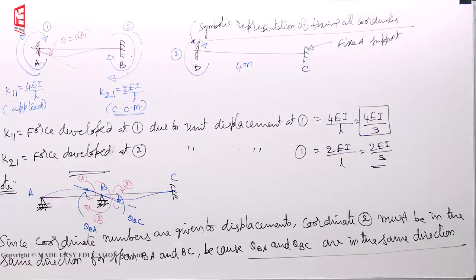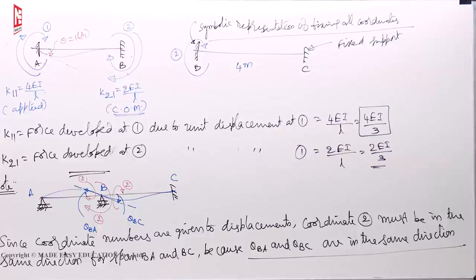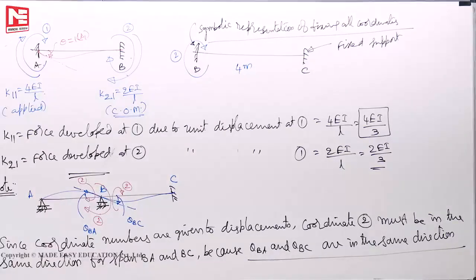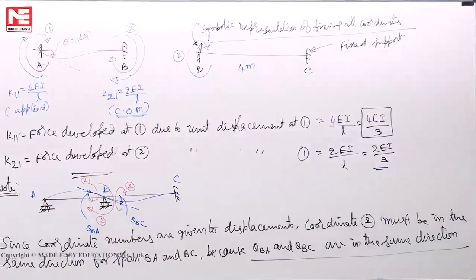So this is about the first column, how to get the stiffness matrix for the first column. Now let us see how to get the second column.